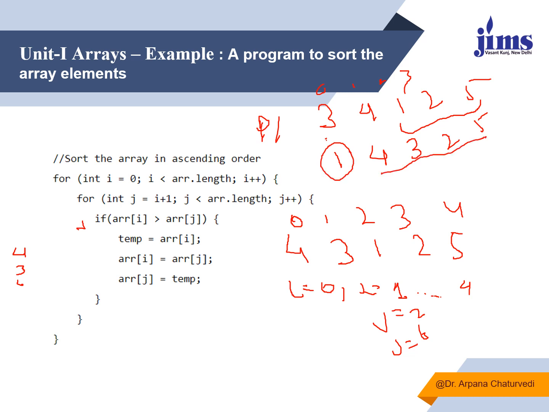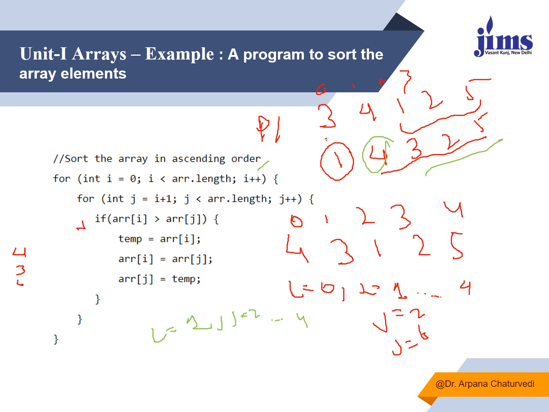In this case, again i will now have value 1 because i is incremented over here. And j will have value 2 and it will go till the end. So again we compare this 4 with the rest of the values. Is 4 greater than 3? Yes.